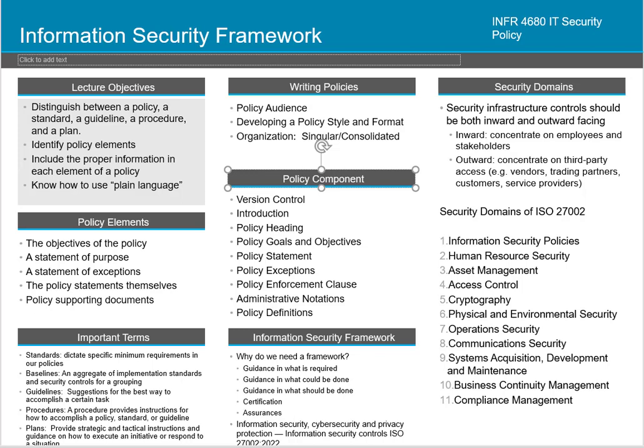There'll be an introduction, a heading, the statement of the policy goals and objectives, and then a policy statement itself. Exceptions to the policy, how the policy will be enforced if employees, for example, don't follow the policy, what are the consequences of that. Administrative notations refer to external information that's related to the policy, and then the statement of definitions, how to define terms. This is a basic structure that you'll find in most policy documents.